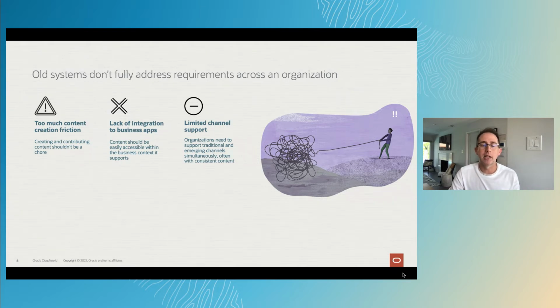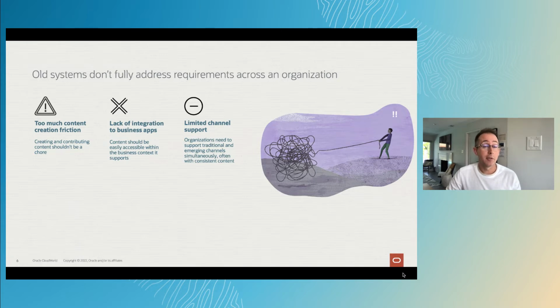Somebody goes out and buys another content management system designed to fit their exact need, creating another silo. Other systems lack integration into business applications where the content needs to be accessible. And if the content isn't easily accessible within the business context that it supports, guess what happens? Somebody goes out and buys another content management system to solve that challenge.